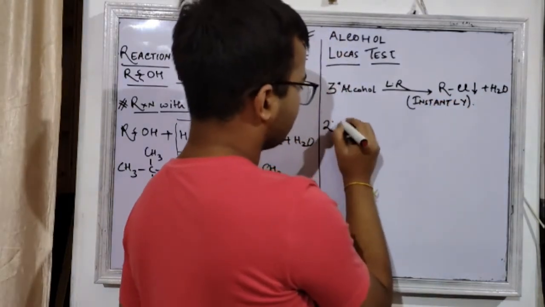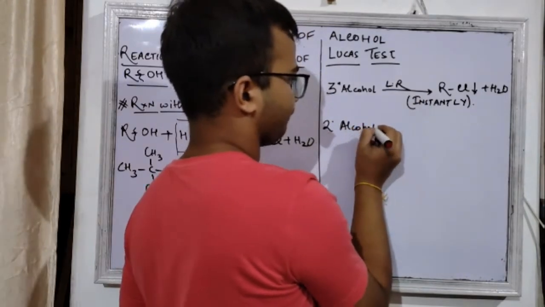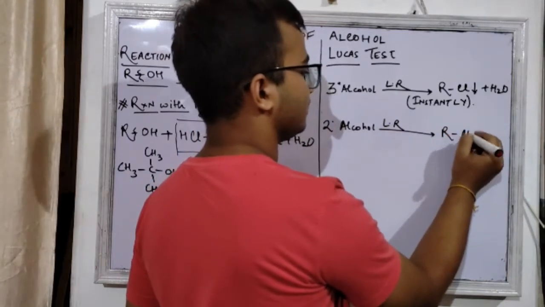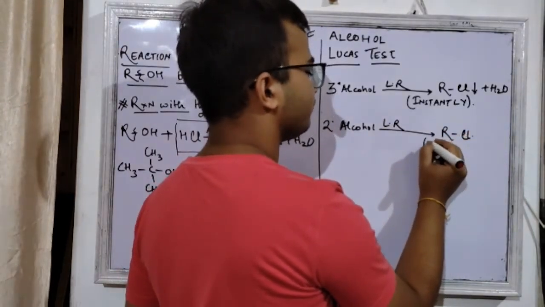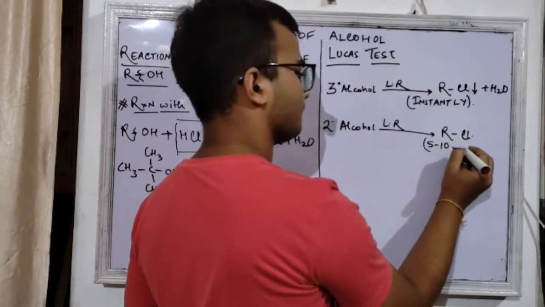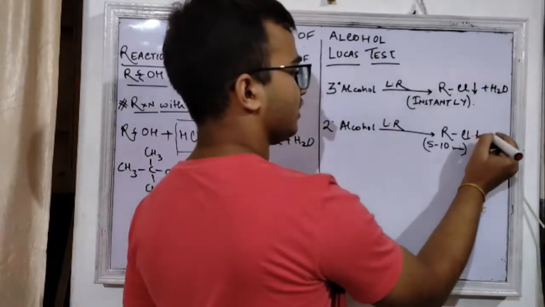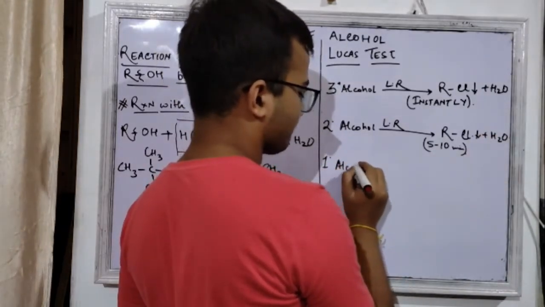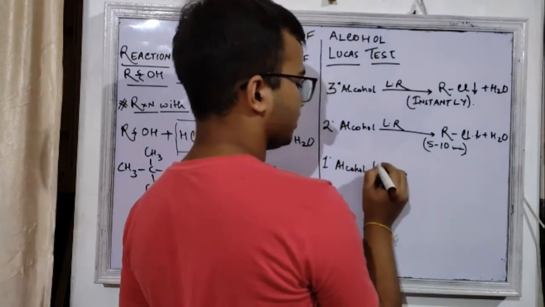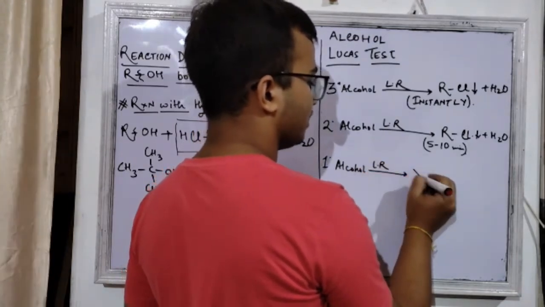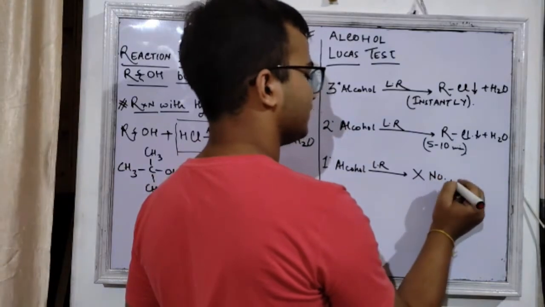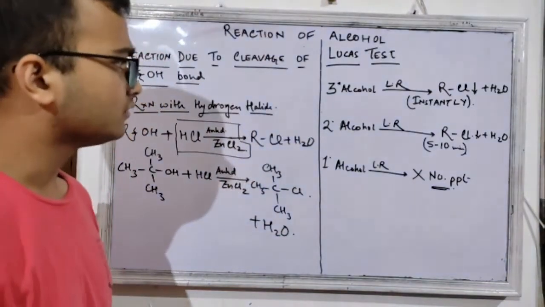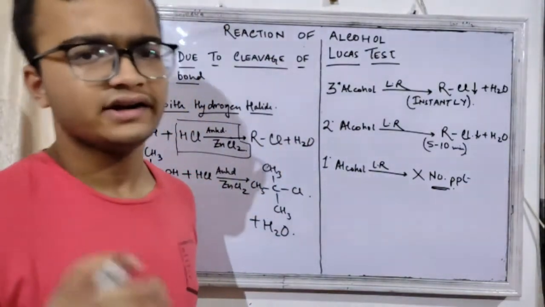And if it is a 2-degree alcohol, if you treat it with Lucas reagent, you get RCl after 5 to 10 minutes, and along with this you get water. And if it is a 1-degree alcohol, you again treat it with Lucas reagent, you have no precipitate. The reaction will occur, but no precipitate is formed.